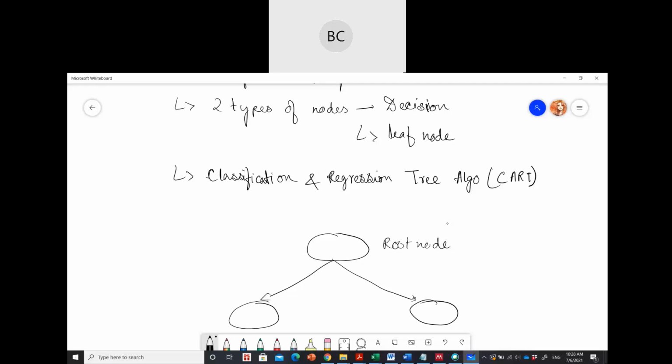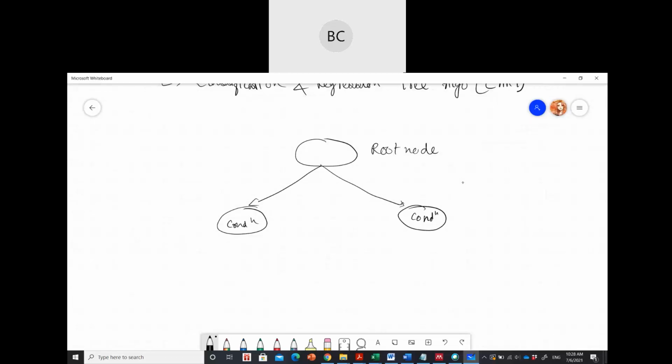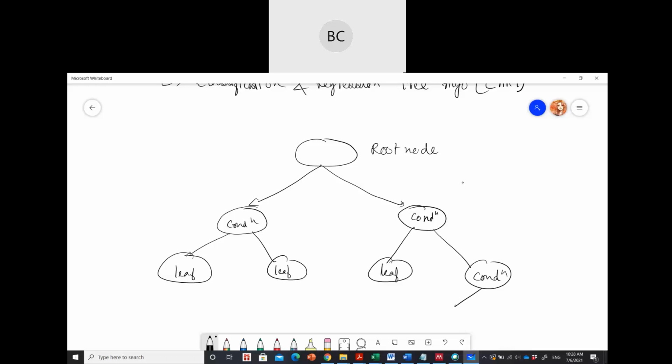Again there will be certain conditions, and finally based on some conditions you will get some nodes, and those will be like leaf node. For leaf node it's just the last node. Maybe there might be some more conditions. This one will be leaf and so on.